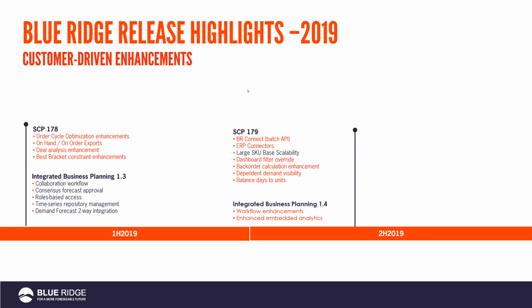I think this highlights all of the features that were in these 178 and 179 releases that were really driven by customer requests. So I think this just continues to prove out things like dependent demand visibility, back order calculations, all driven by customer needs. And that is how we formulate the roadmap, and that's how we deliver releases and prioritize releases.